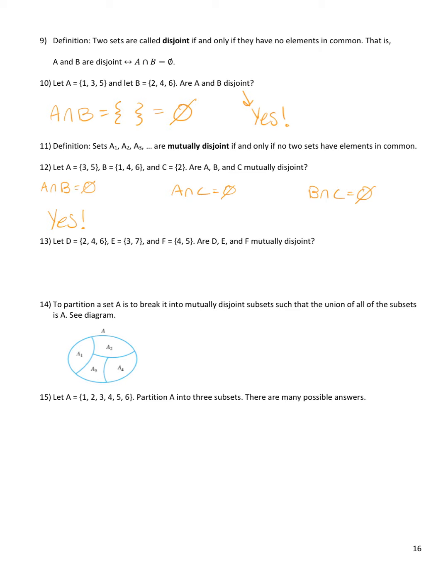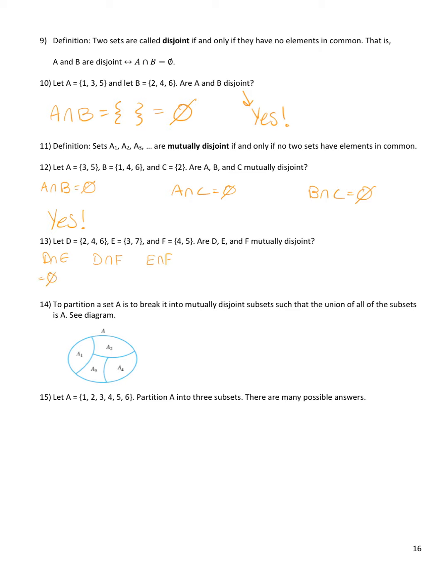All right, let D be 2, 4, 6, E be 3, 7, and F be 4, 5. Are D, E, and F mutually disjoint? So we would have to check everything. D intersect E, D intersect F, and E intersect F. So D intersect E, 2, 4, 6, and 3, 7, that's empty.